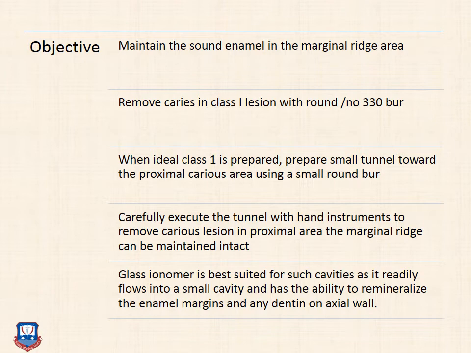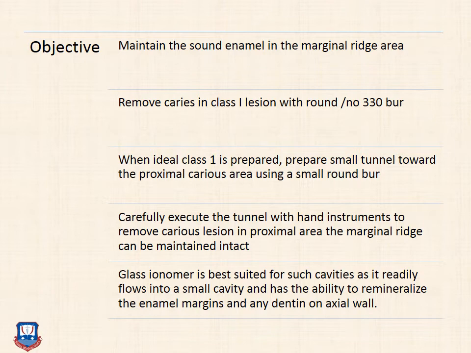So you have to carefully execute the tunnel. Once you have used the round bur and made a path, you then use a hand instrument to remove the carious lesion in the proximal area. The marginal ridge is kept intact.